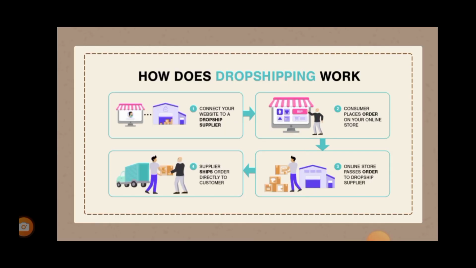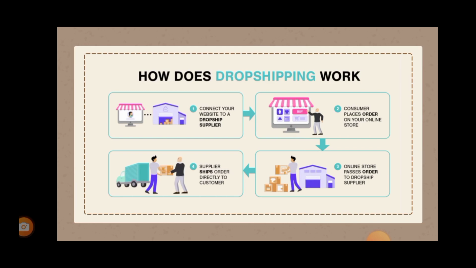So, as you can see, this is the diagram of how a dropshipping works. So first, you connect your website to a supplier. So if you have a business, you connect your website to the dropship supplier, and then the consumer will order to your online store.